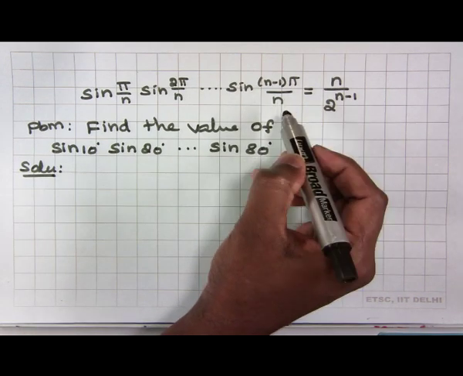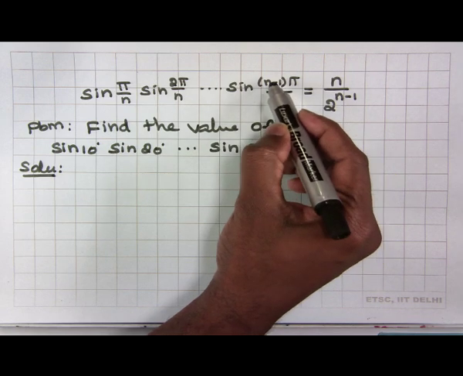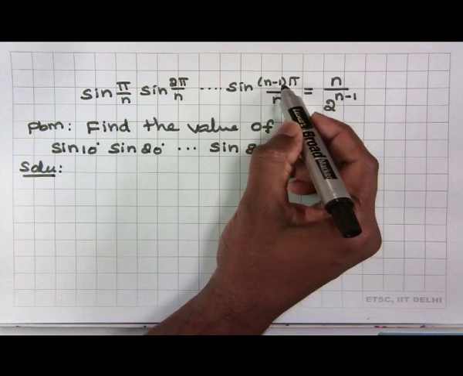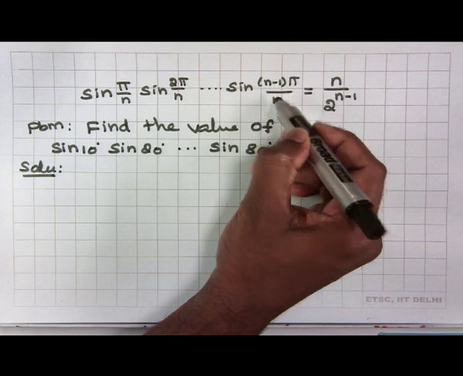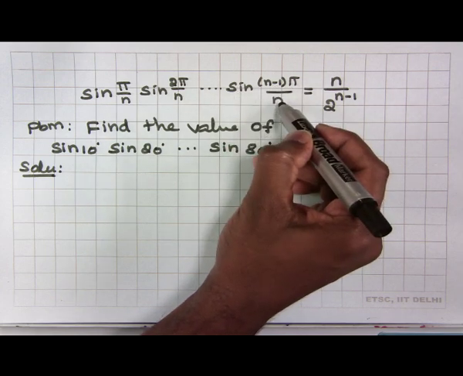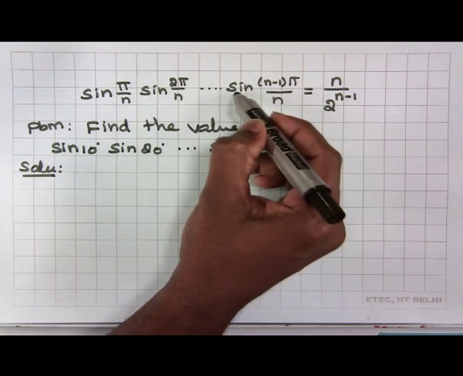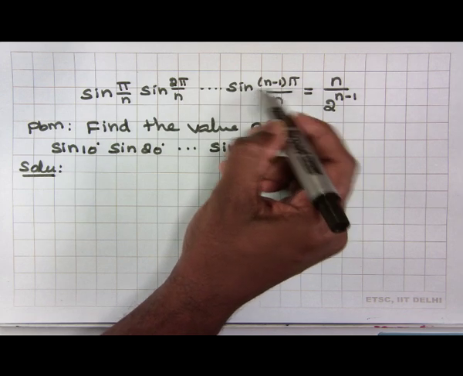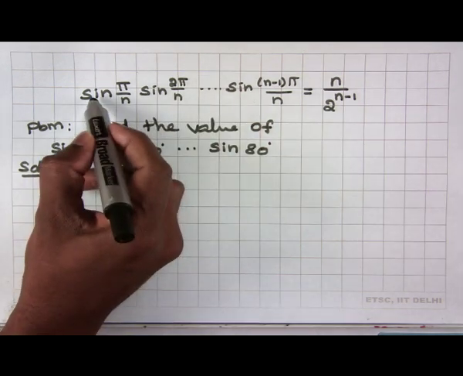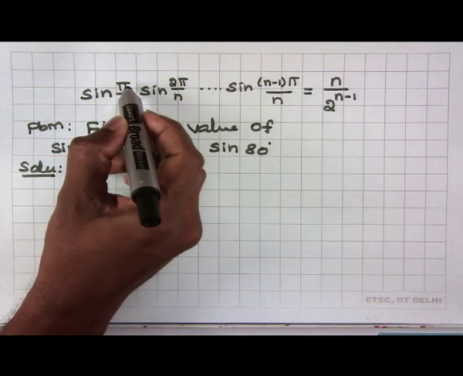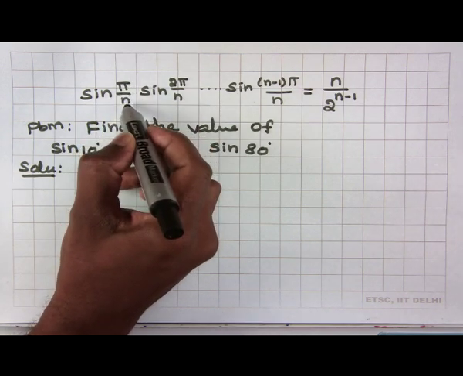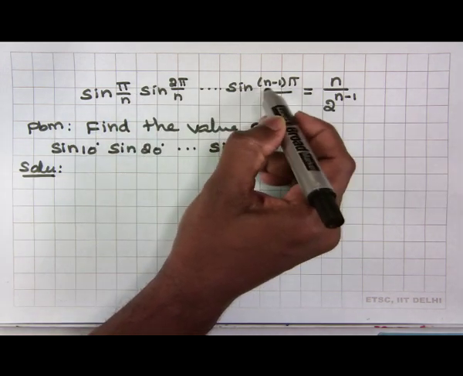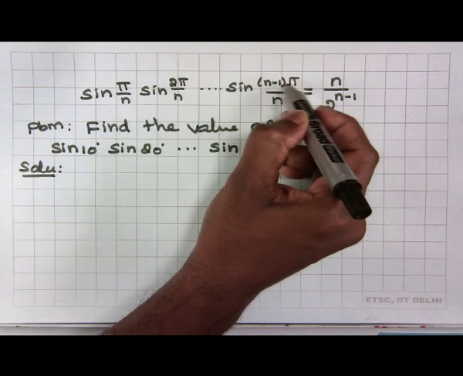What we observe is, given any n value, let us say n equal to 2, then this goes till sin pi by 2. If I take n equal to 10, the first value will be sin pi by 10, which is sin 18 degree, and it goes till sin 9 pi by 10.